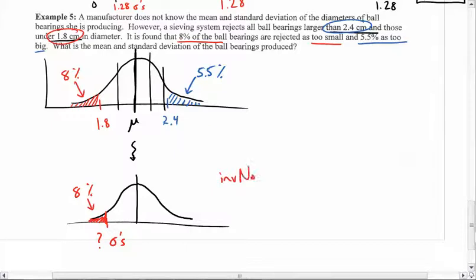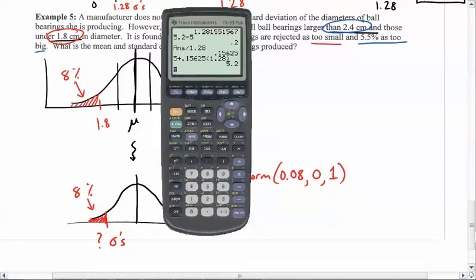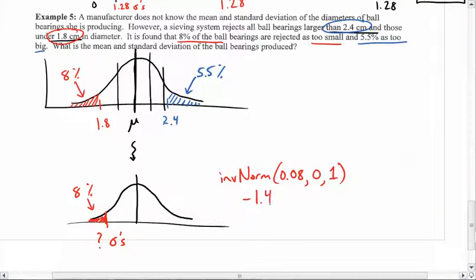Inverse normal, 8% is below that point on the standard normal, which has a mean of 0 and a standard deviation of 1. So that's the same as negative 1.4 sigmas.